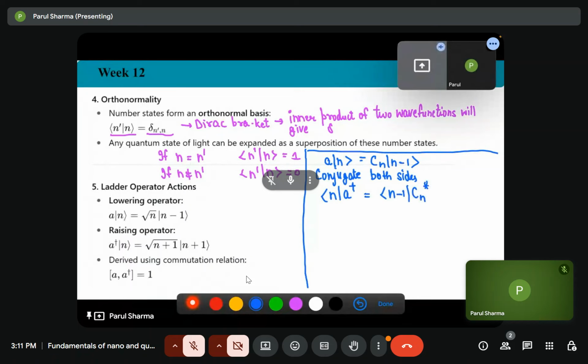Now take the product of these two equations. Then <n|A dagger A|n> is equal to Cn star Cn <n minus 1|n minus 1>, which will give you the modulus of Cn square.